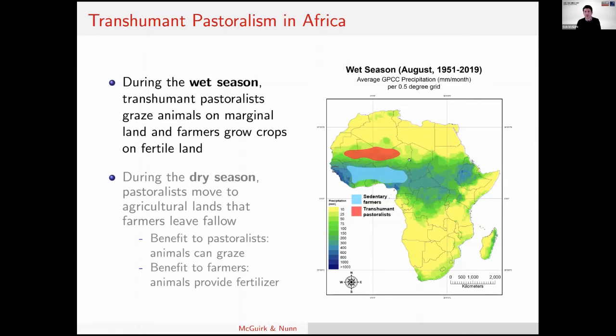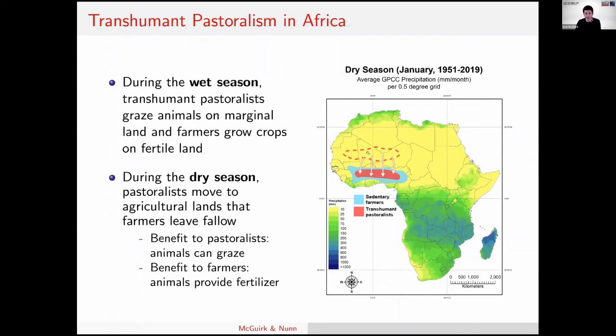After the harvest, once we're finished with the wet season, the pastoralists are going to move down to the agricultural area. At this point, the agricultural area is no longer being used for cultivation. And this is a traditional symbiotic arrangement that's going to suit both groups.